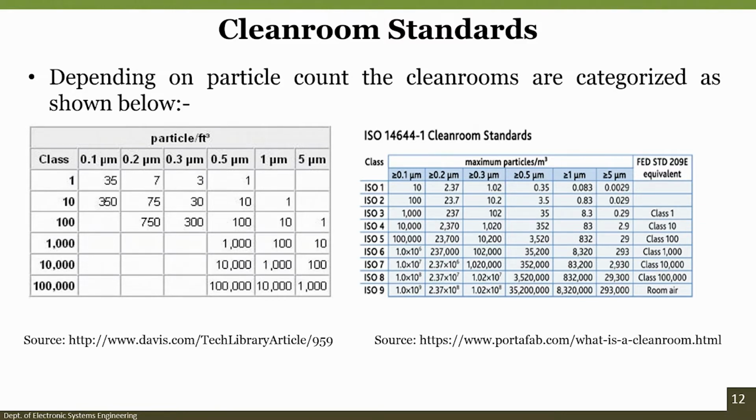The purpose of showing you this slide is to understand that clean rooms are further divided into several classes based on the particles per cubic feet, and depending on that there are several standards, from ISO 1 to ISO 9. ISO 3 is for a class 1 environment, ISO 4 is class 10, and ISO 8 is for a class 100,000 environment. ISO 9 is just clean room air.